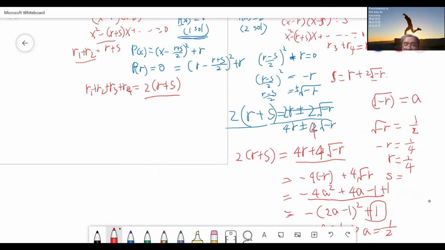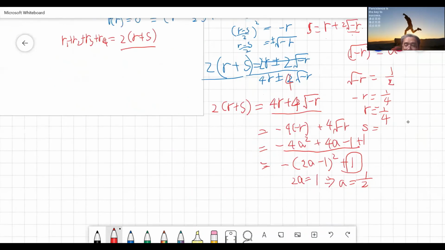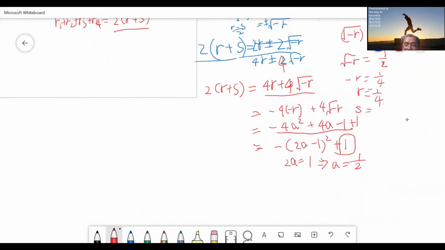So this is 1/2, and r is negative 1/4. Negative 1/4 plus 2 times a half, which is 3/4. So we find s equal to 3/4, r equal to negative 1/4, then this is right.